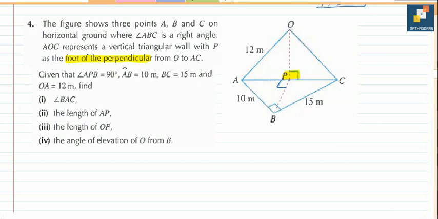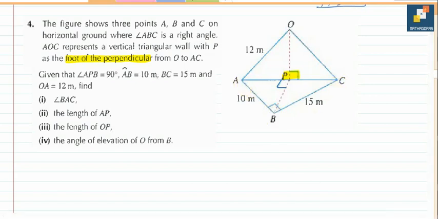You can do it easily by applying trigonometry, but the main thing is that you need to visualize the figure, which triangle you are going to consider, which trigonometric formula you are going to apply. That is important.